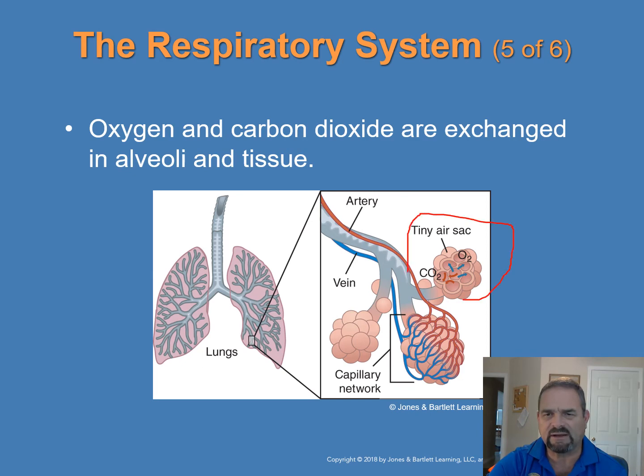This area right here is the tiny little air sacs, or the alveoli, where the air exchange occurs, or the oxygen carbon dioxide exchange occurs. Carbon dioxide being the blue and the oxygen being the red. I'm sorry, that's just the opposite. Carbon dioxide being the red and the oxygen being the blue.